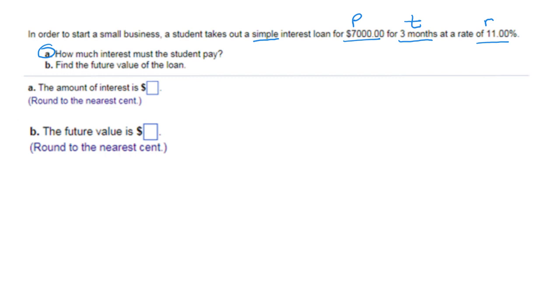All right, so since we do know that it says simple interest on here, and the first part is to find the interest, you are looking for I is equal to principal times rate times time. And that's the formula we're going to use.